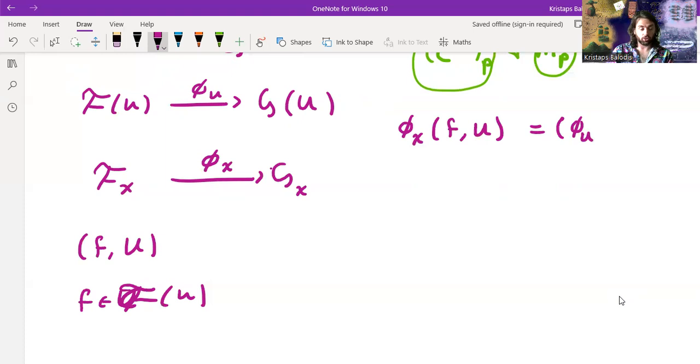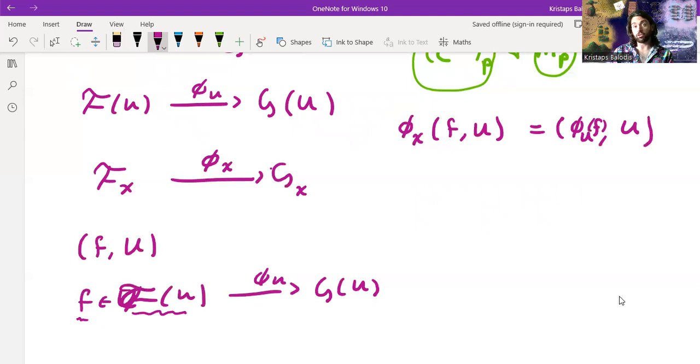Because if little f belongs to F of U, that means I can apply my phi U, and that lands me in G of U, right? Oh, forgot to write my F here.